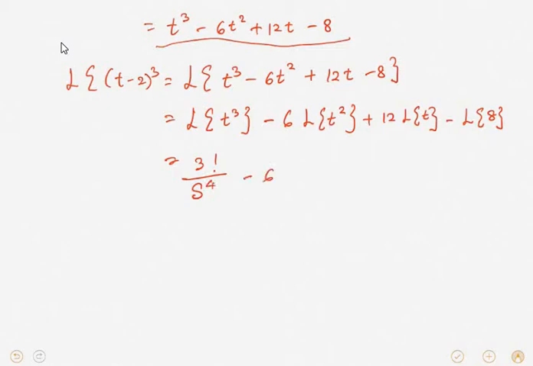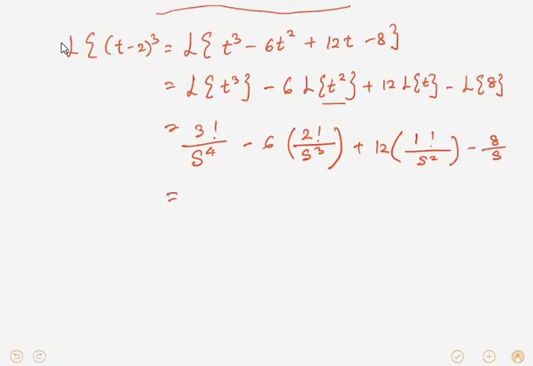Now for t power of 2, n is 2, so 2 factorial over s power of 3, plus 12 times 1 factorial divided by s power of 2, minus 8 over s.